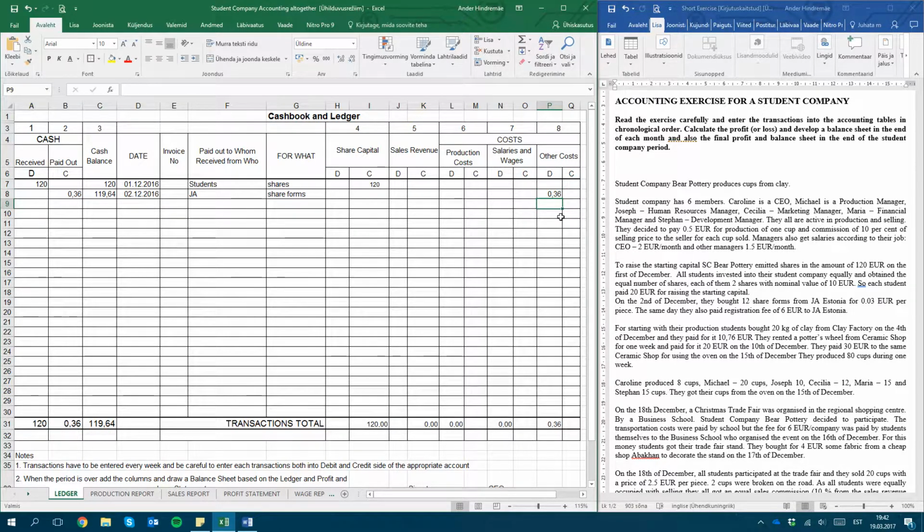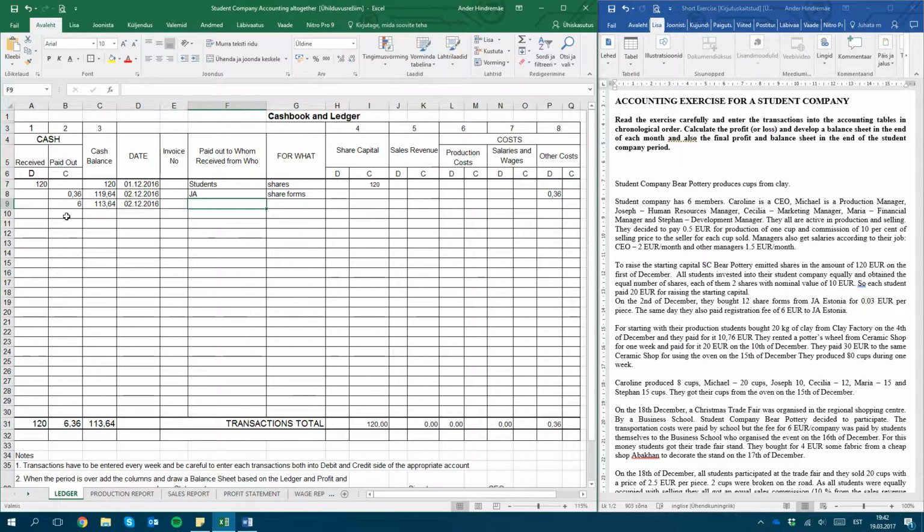The same day, they also paid a registration fee of 6 euros to J Estonia. So the same process, cash was paid out. We're going to credit it in the account, 6 euros. The new balance is 113 euros and 64 cents. The date was the same.